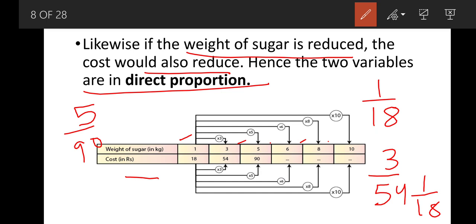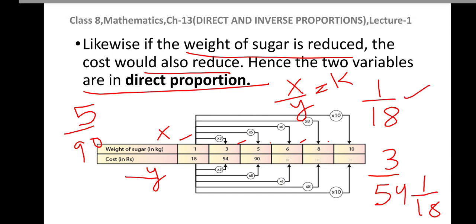So likewise, this is x, weight of sugar is given by x, this is y. So if I am taking the ratio of x over y, that is always constant, which is equal to k. So this ratio is 1 over 18, which is constant.